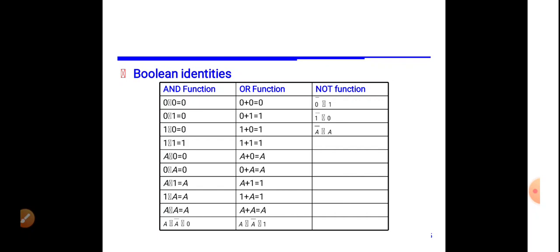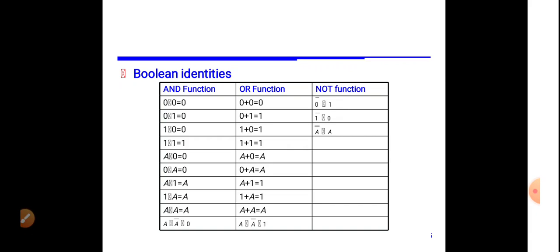If I want to relate these with the variables, that is a dot 0: if we multiply anything with 0, the output is also 0. Similarly, 0 dot a is also 0. A dot 1: whatever you multiply with 1, you get the same variable as the result. So a dot 1 is a, and 1 dot a is also a.